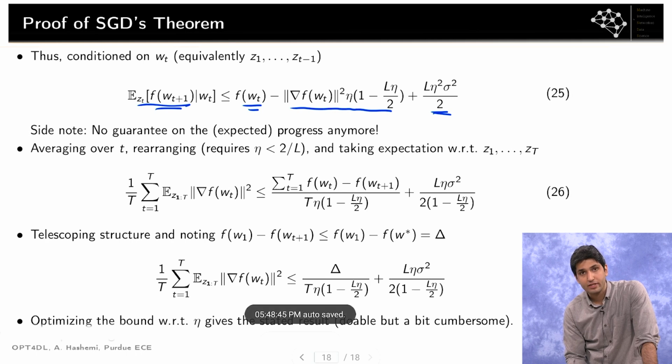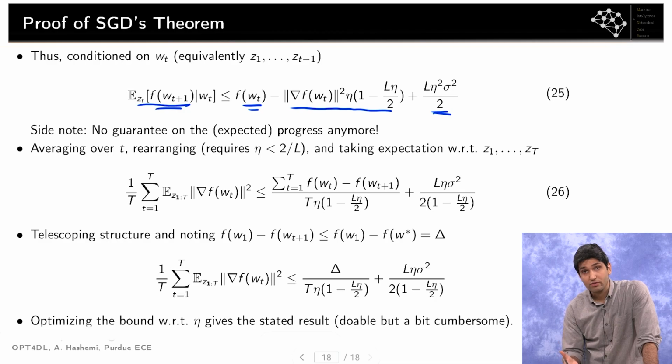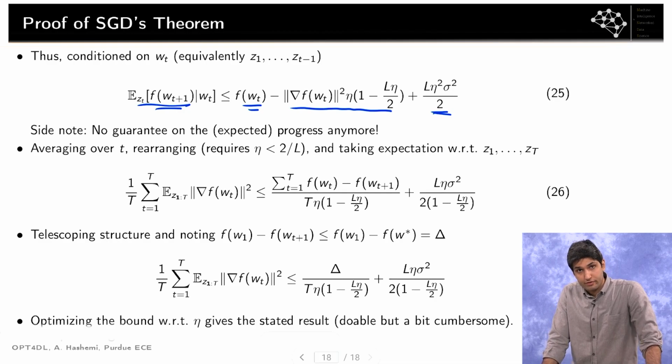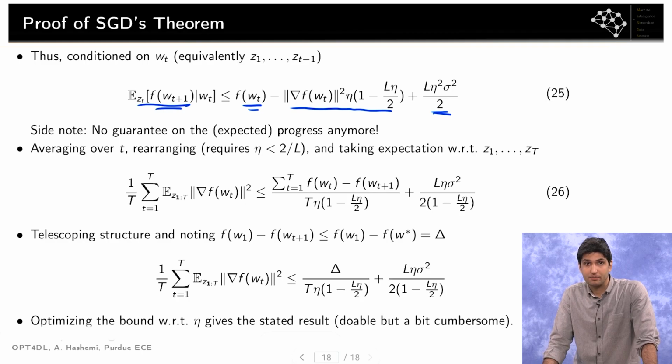The first and second terms are identical to what we saw when we were analyzing gradient descent. And we basically use that to note, as long as the step size is strictly less than 2 over L, we are making progress.